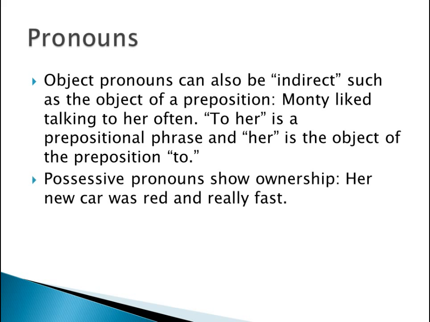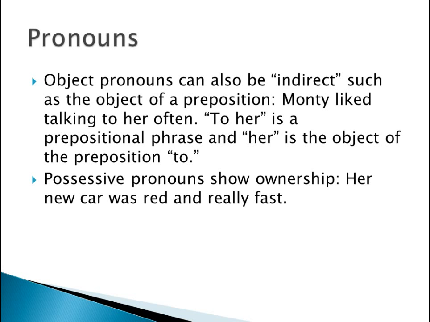Now, possessive pronouns, this is the third type that we talked about earlier this week, or actually last week. Possessive pronouns show ownership. So, for example, her new car was red and really fast. In this sentence, her has possession of the new car, so it's possessive. I want you to notice something here.